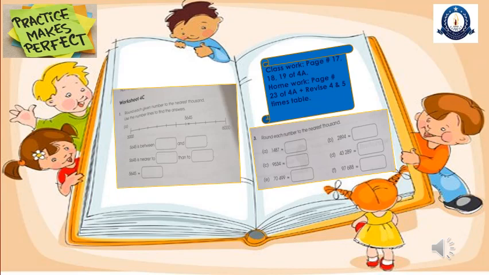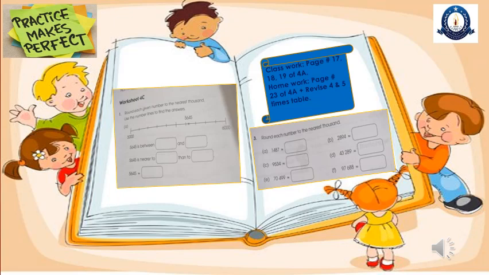Now let's see classwork pages. Open page number 17 first. On page number 17, question is round each given number to the nearest 1000. Now we will round off to nearest 1000. Look at the number line. 5645 is between 5000 and 6000. Now check it is close to which number, 5000 or 6000.